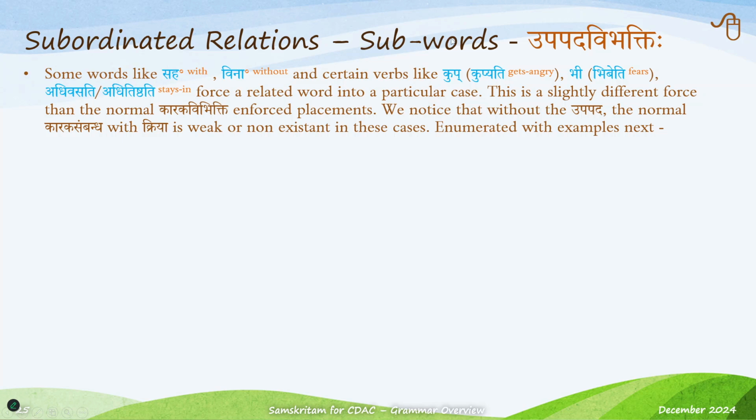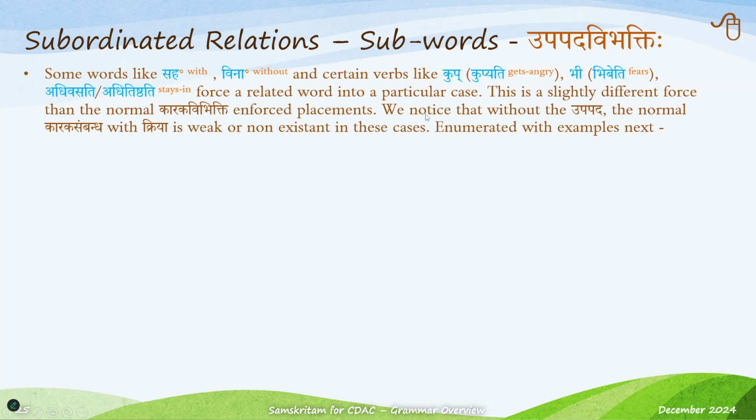So these guys have a certain force which is a subordination force, that the related word is forced into a particular case. In addition to sometimes the karaka force, there is this subword force at play. This is a slightly different force than the normal karaka vibhakti enforced placements.